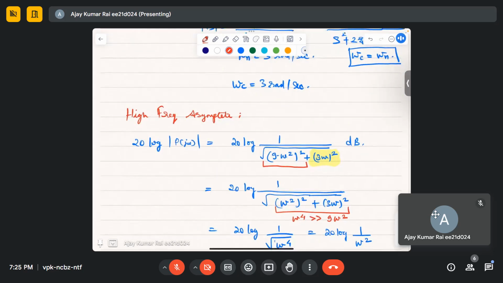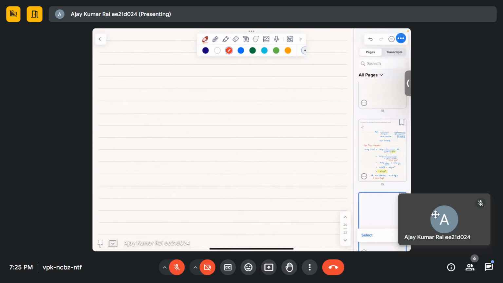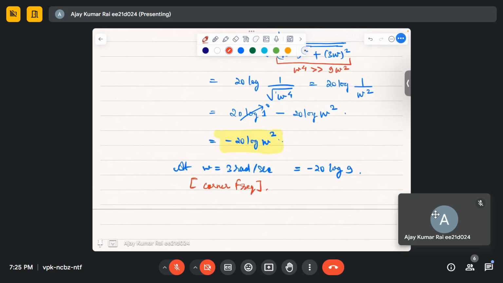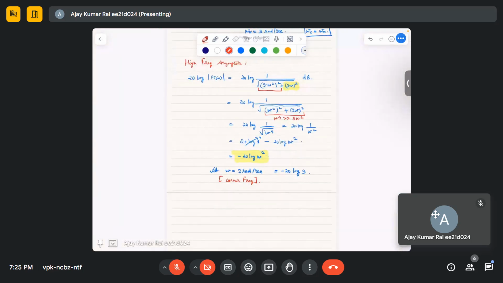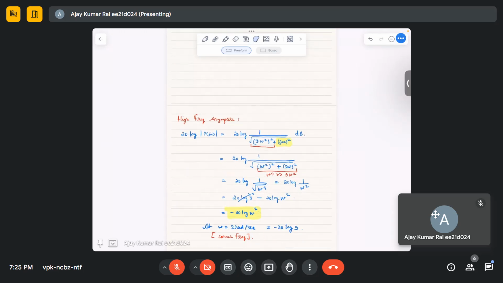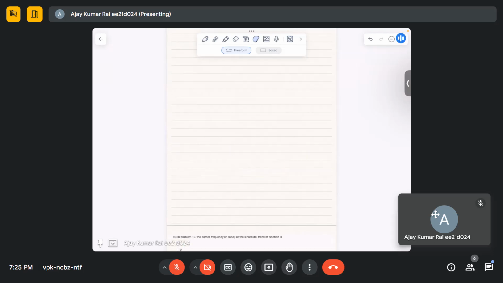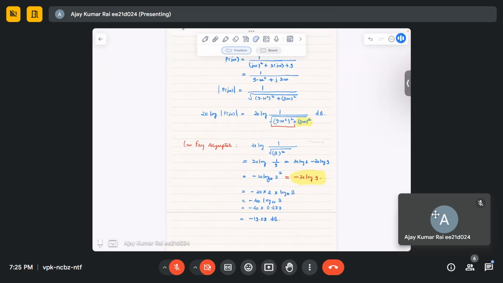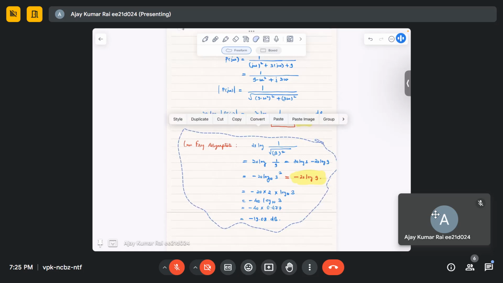Let me make space and also write low frequency as input here. So this is the high frequency and this is the low frequency, and you have to compare the magnitude to get the corner frequency.